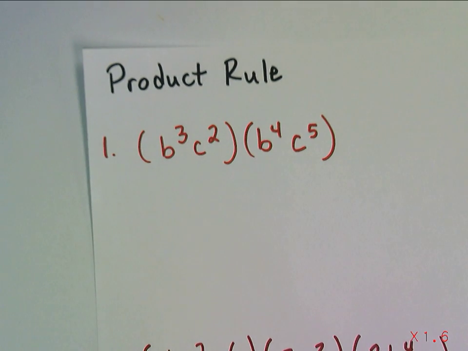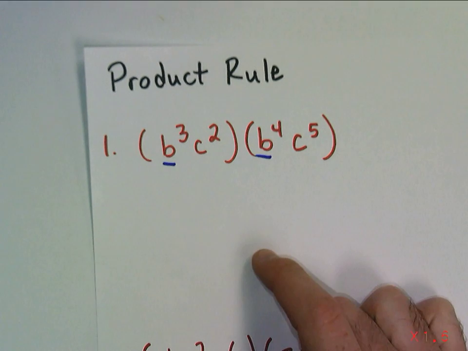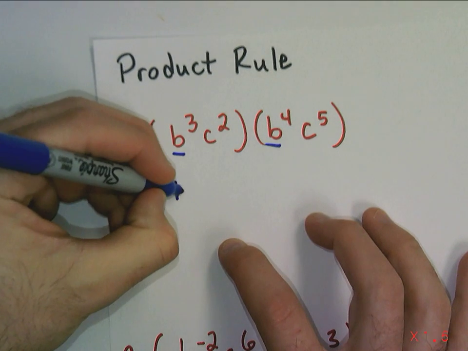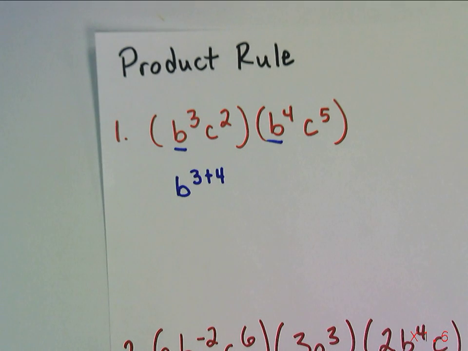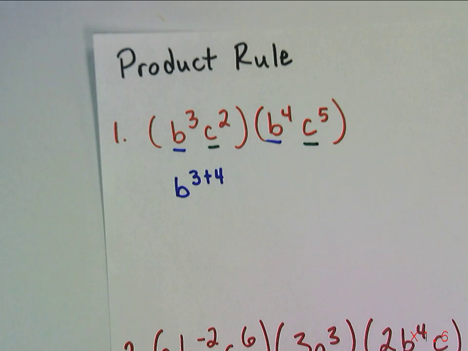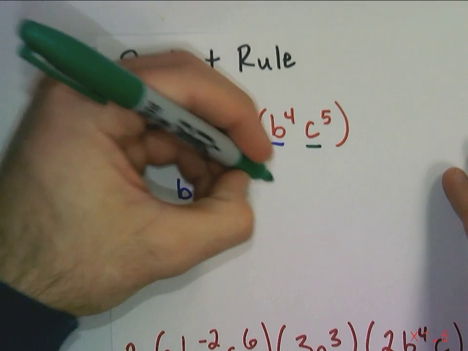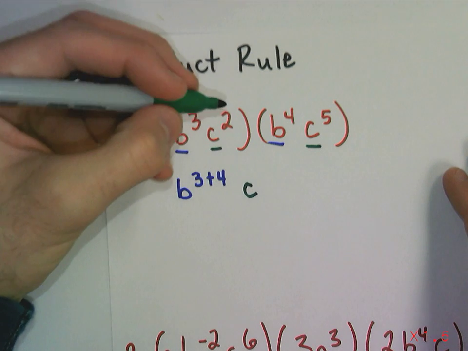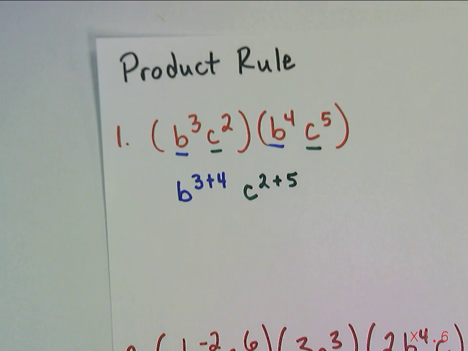So in number 1 here, it looks like my b's are the same. So I can do b to the 3 plus 4, and then I have my c's, which are the same base, so I can add those exponents together too, multiplied by c to the 2 plus 5.